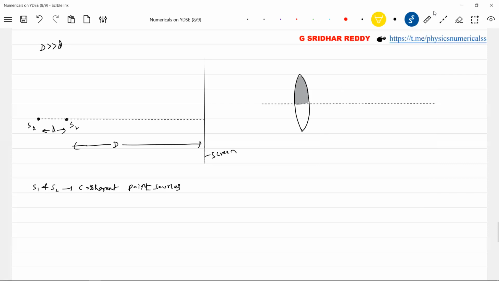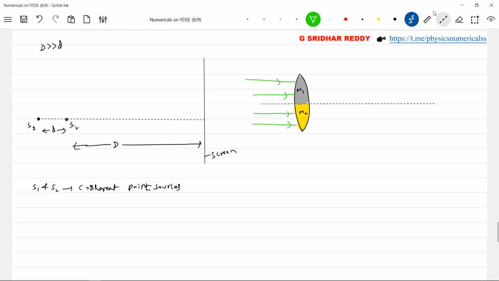The lower part is made up of some other material, mu2. Because coherent sources of light have to be produced here, let a parallel beam of light be incident on this lens.